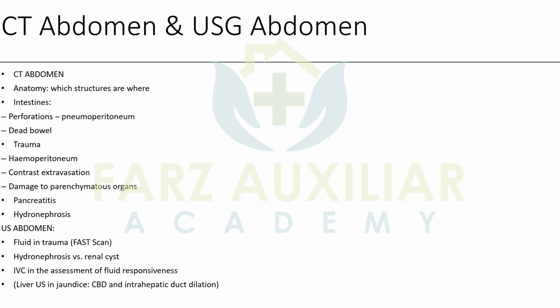In CT abdomen and USG abdomen, they can ask about pneumoperitoneum, dead bowel, hemoperitoneum, contrast extravasation. This is very important: damage to the parenchymatous organs, pancreatitis, hydronephrosis, FAST scan, IVC assessment, and CBD and intrahepatic duct dilatation.